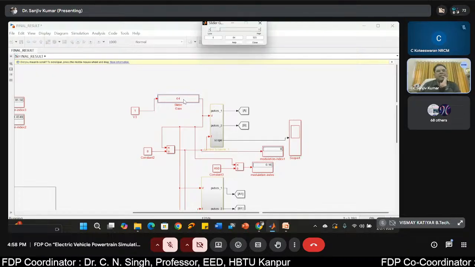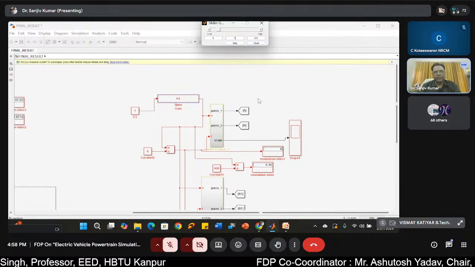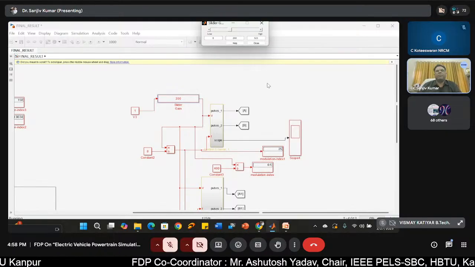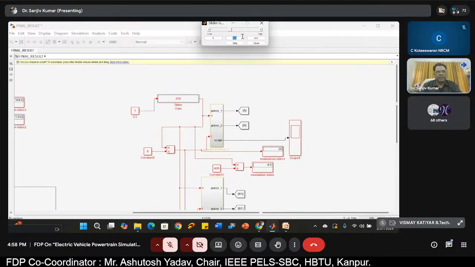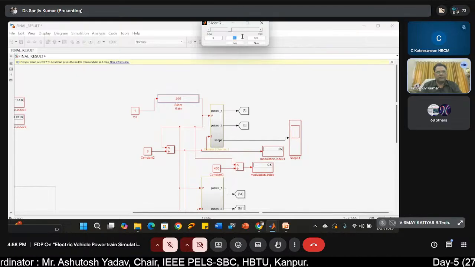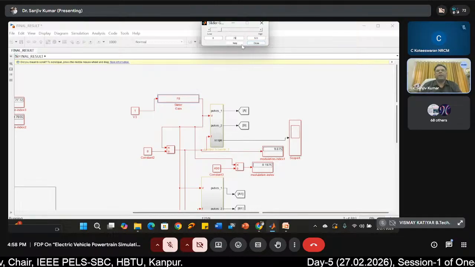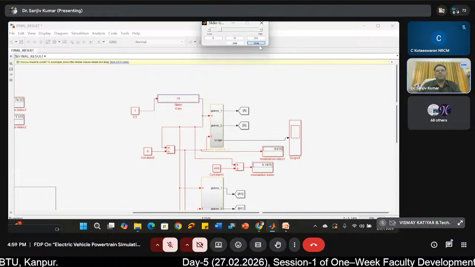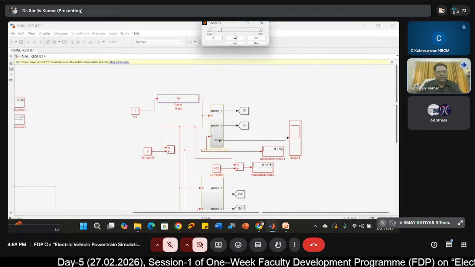Similarly, let us make this 200. No, it is the over modulation range. Just give me a second.